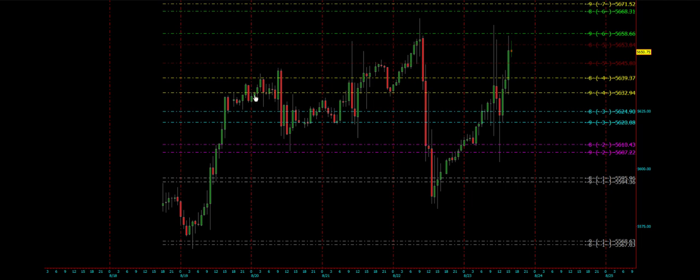So here it is, it opened here, it tried to go to 5, you can see the 5 is here, and then it went down, just jumping up and down, and then 2, this is how it goes. So this is what this Sunday open is designed to do, and it's very, very profound.